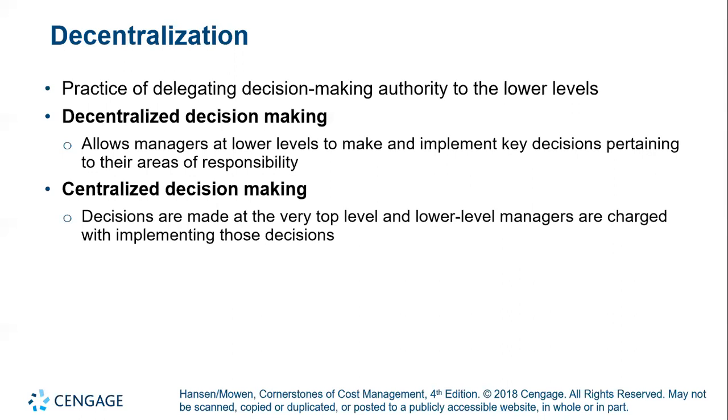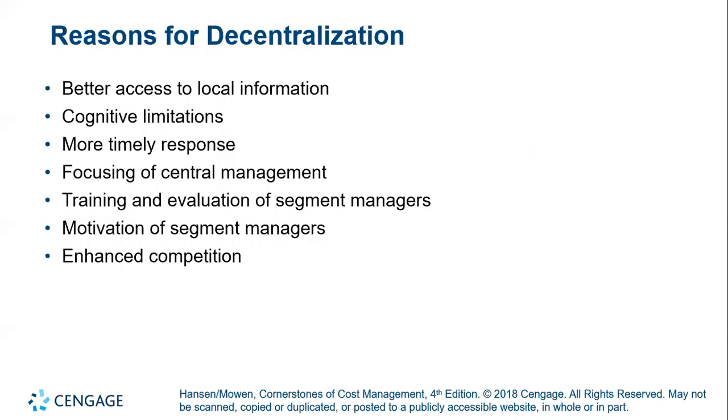decentralization and centralization. Now the reasons for decentralization: better access to local information, cognitive limitations, more timely response, focusing of central management, training in the evaluation of segment managers, motivation of segment managers, and enhanced competition.